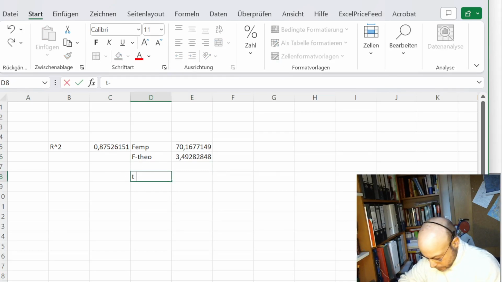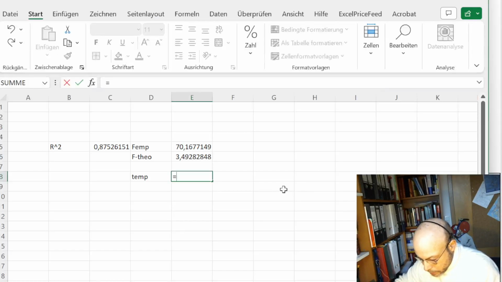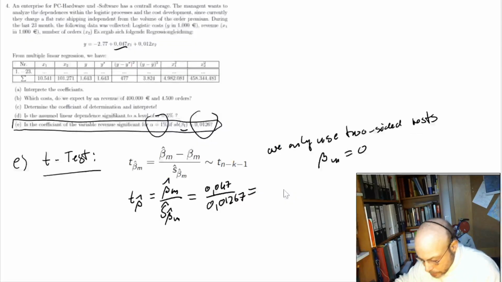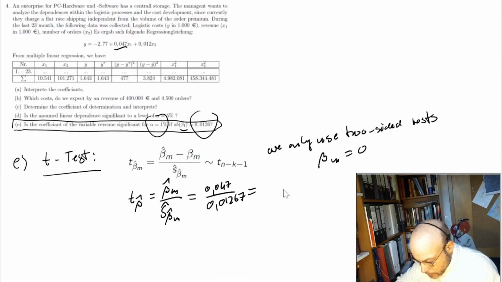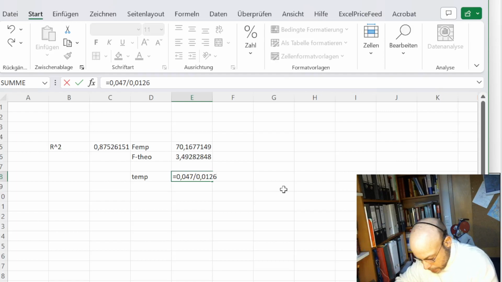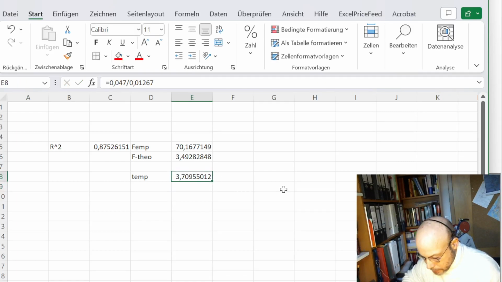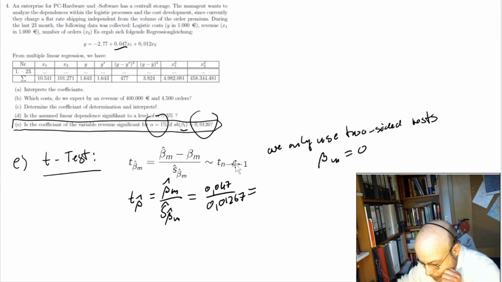And then we have T emp equals 0.047 divided by 0.01267, which is 3.79. And we have that this is distributed t with n minus k minus 1.